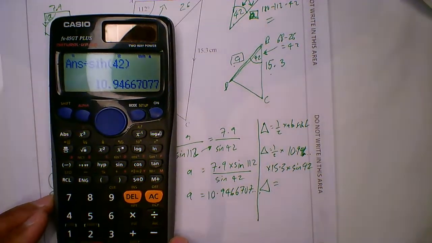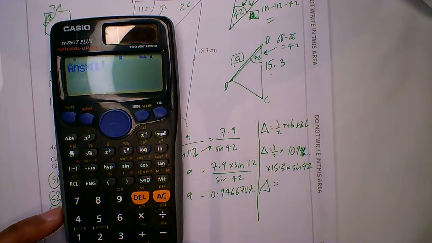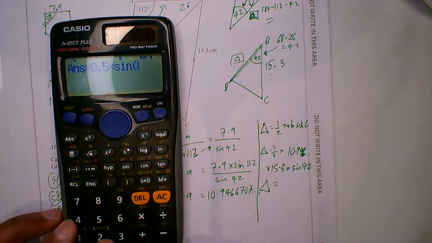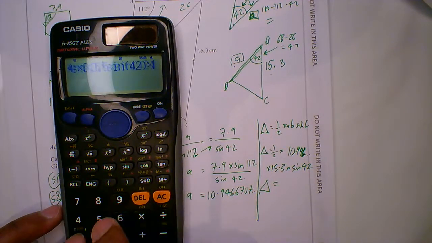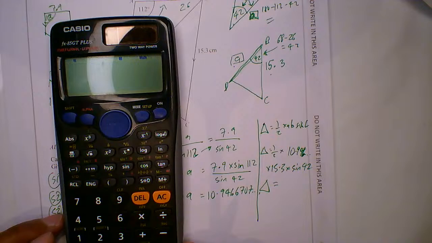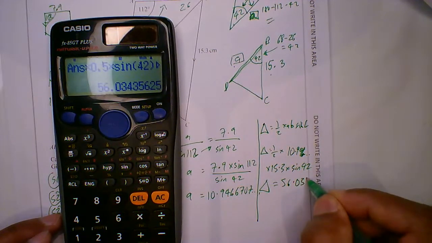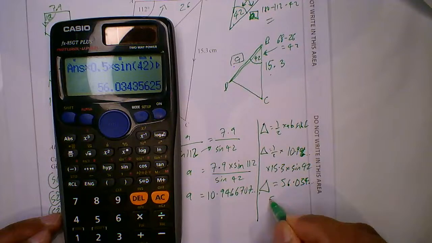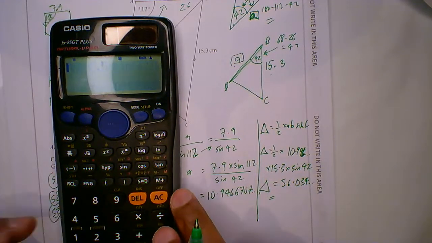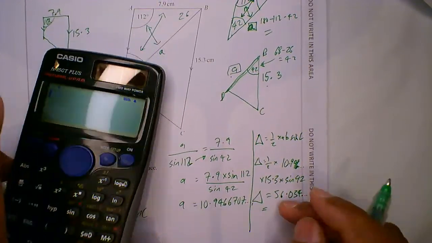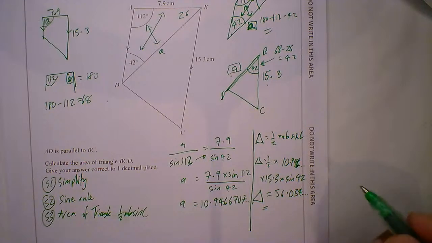So then I'm going to be multiplying that by half, 0.5 times by sine 42, close bracket, times by 15.3. There we are, 56.034. All right, so just double check your working out. I don't know how that happened. Maybe I misplaced a decimal point.